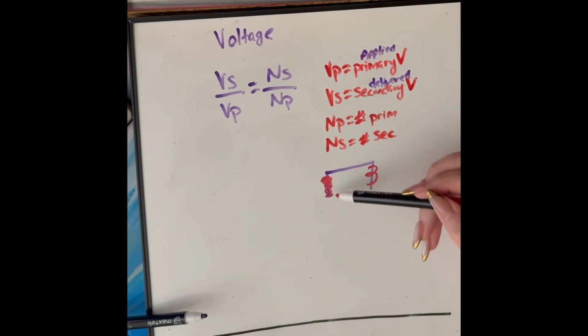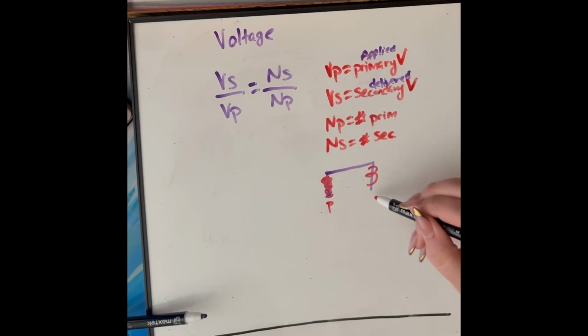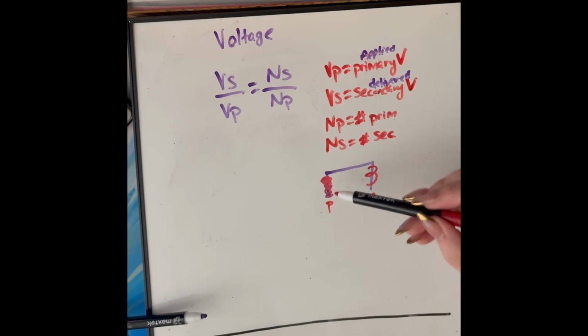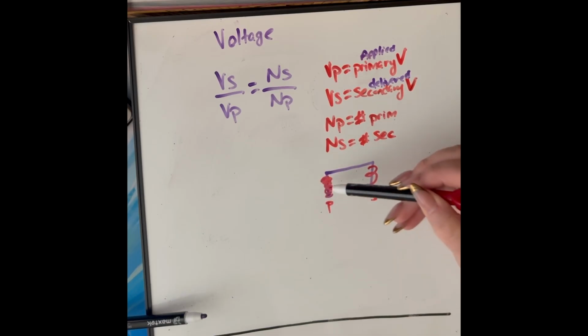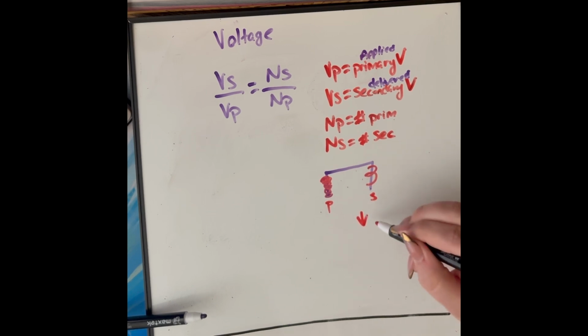If I have more windings on my primary side versus my secondary side, that means there's a higher amount of voltage here than here. So this is going to be a step down transformer. That's the first thing I like to do. I like to draw it out so I can see for sure what I'm looking at.